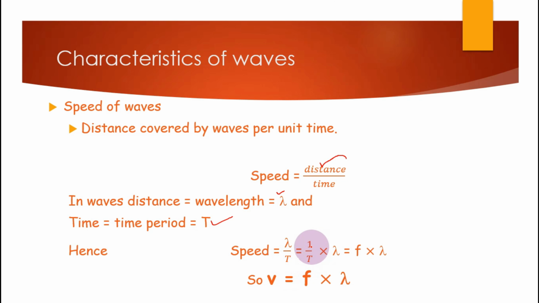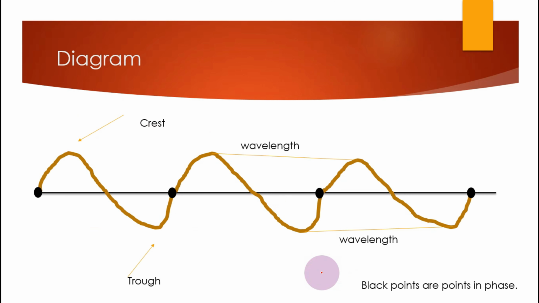This can be written as 1 over T into lambda, and previously we saw that 1 over T is frequency. So instead of this we write f. The formula becomes v equals f lambda. V is speed, lambda is wavelength and f is frequency. So this is our wave equation, v equals f lambda. We will use it in questions.